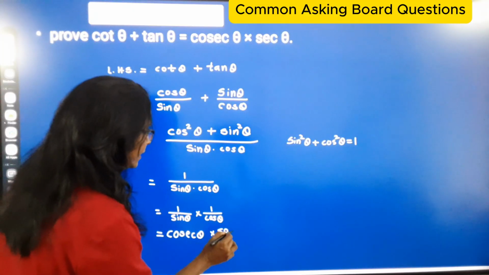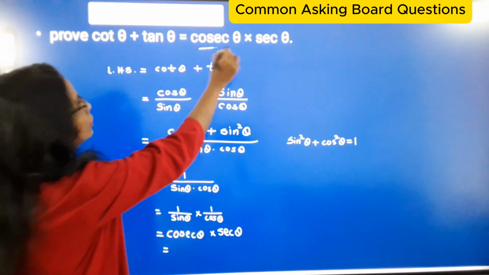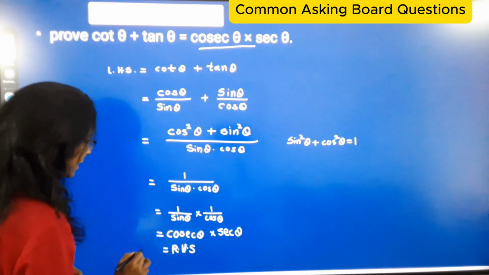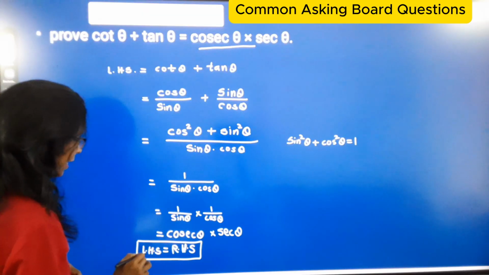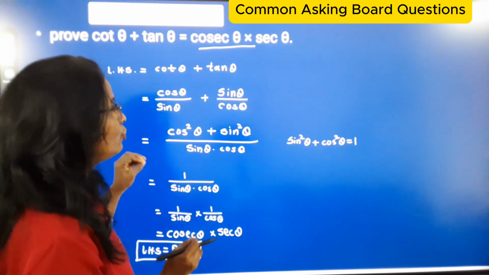This is equal to our RHS. So LHS is equal to RHS. Students, you can solve it in this way.